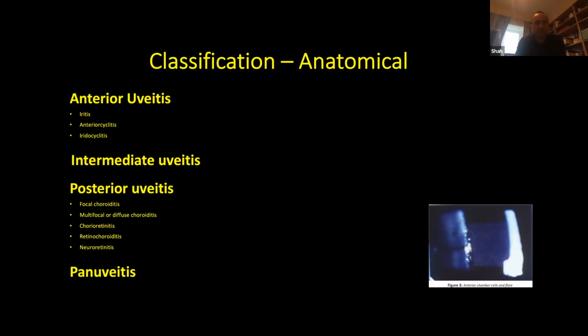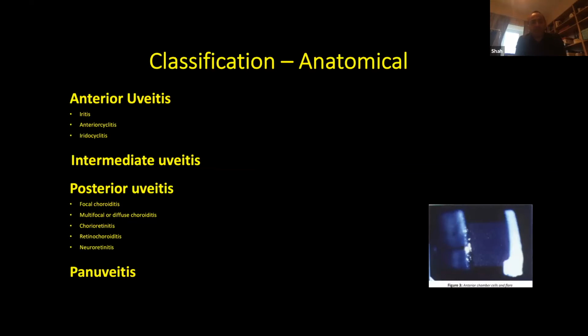So anatomically, you've all heard of anterior uveitis. This essentially includes iritis or iridocyclitis, or what some people refer to as anterior cyclitis. Intermediate uveitis is a term that's really reserved for vitritis, so inflammation in the vitreous, as well as peripheral retina, not posterior pole, peripheral retina and pars plana.